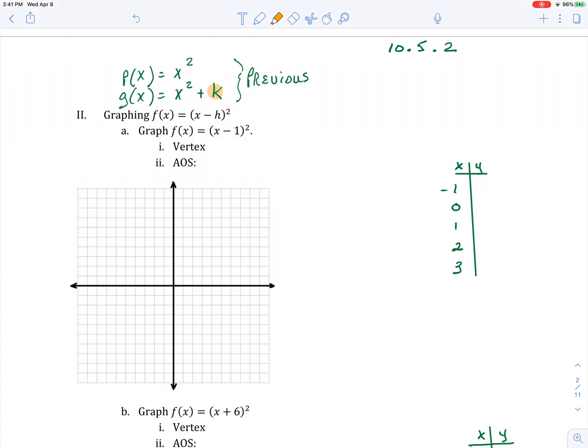We're going to explore a few of these, and just while we explore, I've created a little table out here with some values in it, and I'm going to plug those numbers into f of x. The first one I've got is -1. So it looks like when x is -1, y is 4.